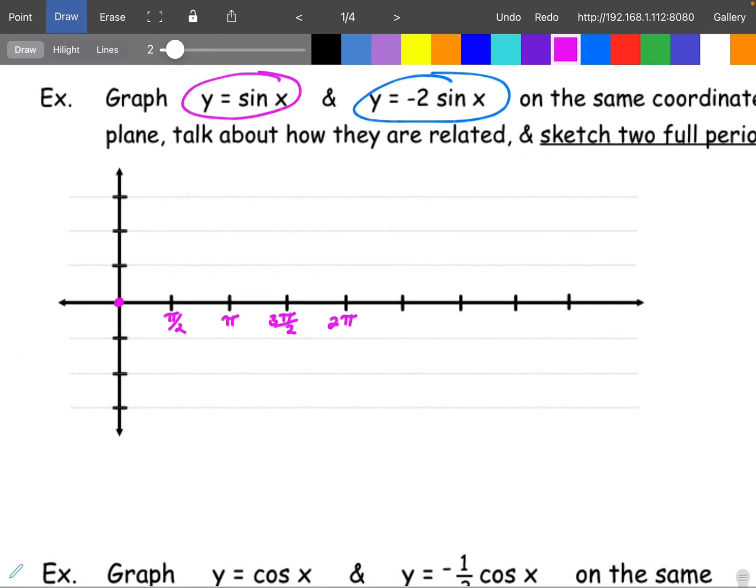I need to keep going. So beyond 2 pi, another quarter of a turn would be 5 pi over 2. Then I would have 6 pi over 2, which is really just 3 pi. Then I would have 7 pi over 2. And then I would have 8 pi over 2, which is 4 pi. Okay, so there are my two full periods.